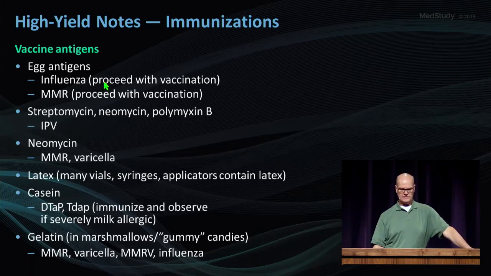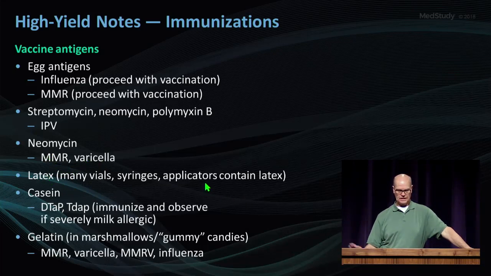Again, most all the time you can proceed. So egg allergy, influenza and MMR can be given. Remember that neomycin is in IPV, but you should not proceed with vaccination if there is, for example, a serious local, even systemic reaction to a topical antibiotic, because they typically contain neomycin, and neomycin is also in MMR and varicella.